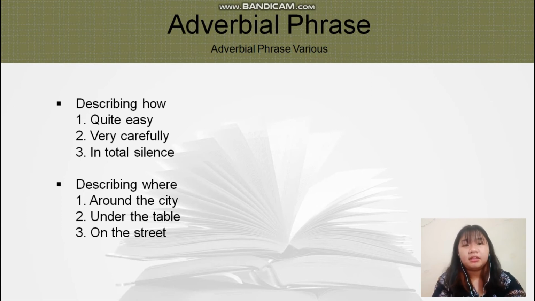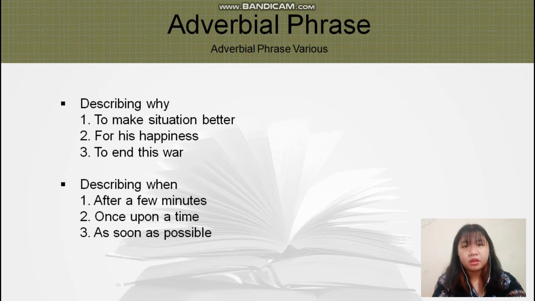And describing why: to make the situation better, for his happiness, to end this war. And next is adverbial phrase which describes when: after a few minutes, once upon a time, as soon as possible.